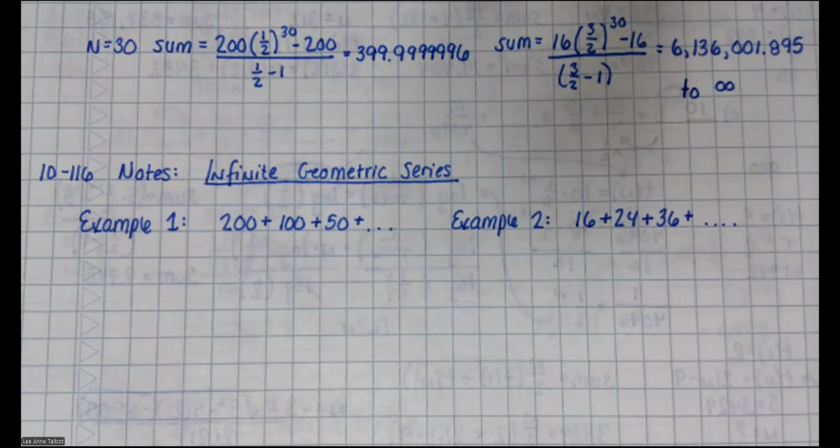It's actually the same two previous series that we were just working on, but now do you notice that there's a dot, dot, dot with no end? That means it's infinite. I didn't put the equation at the end this time, so there's no ending. It goes on forever.